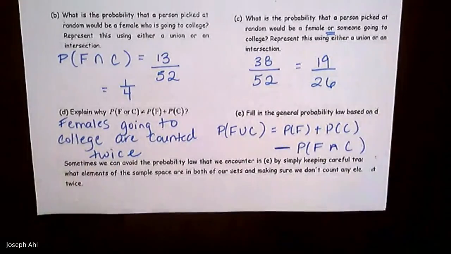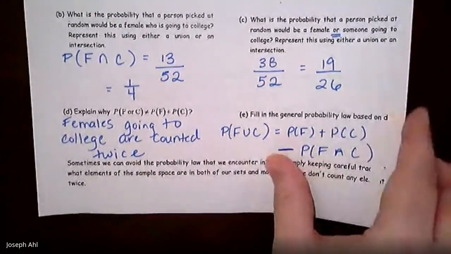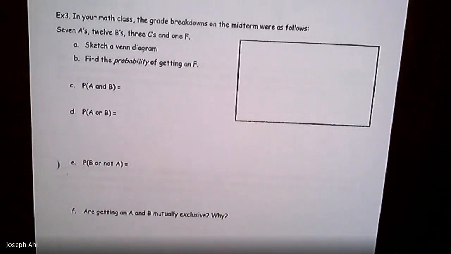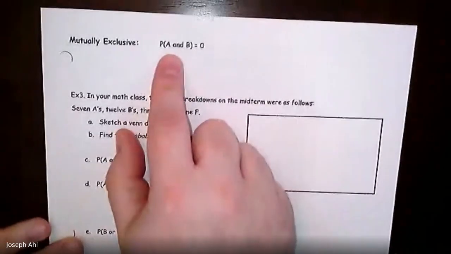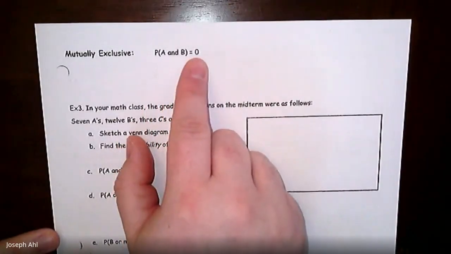Okay, so again, whole idea of today, when you're doing the or problems, probability of this happening or that happening, we got to subtract out any overlap or any intersection there, which might bring us into the question, well, what if there is no overlap? And that certainly happens in certain scenarios. What if the probability that A and B happen, the intersection, what if that probability is 0?